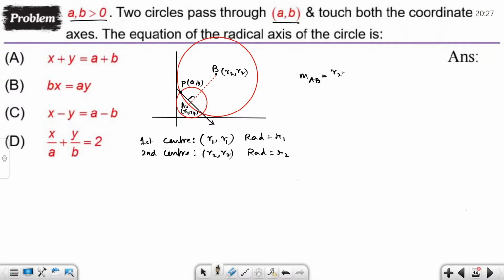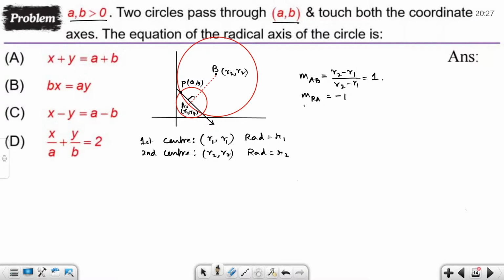The slope of AB is (r2 minus r1) by (r2 minus r1), so that gives us slope 1. If the slope is 1, then what will be the slope of the radical axis? As they are perpendicular to each other, the slope of the radical axis will be minus 1. Am I correct?